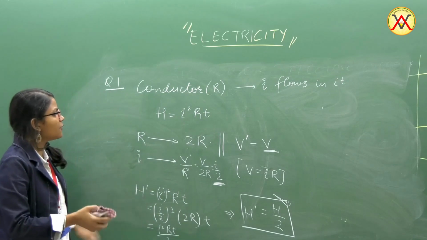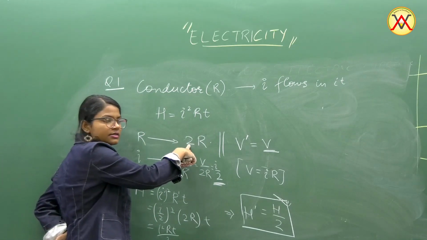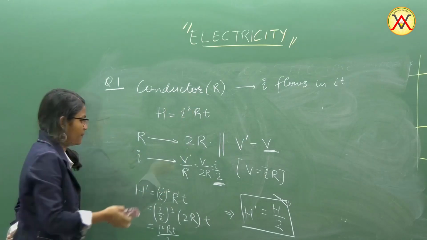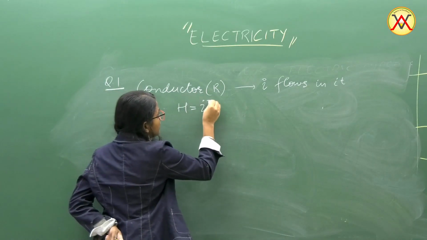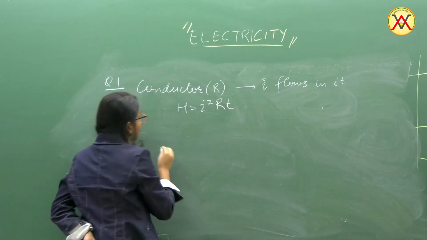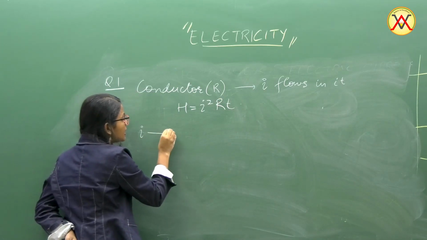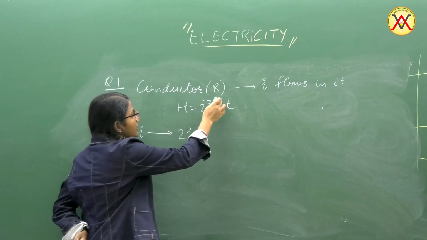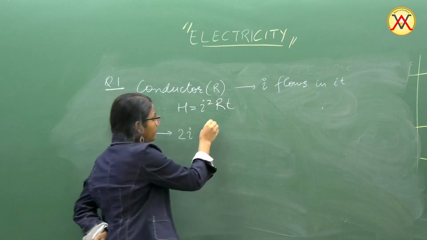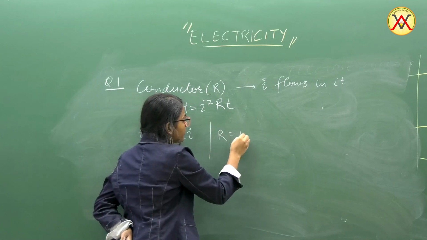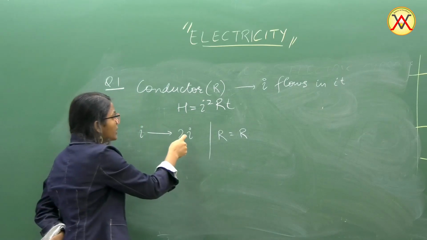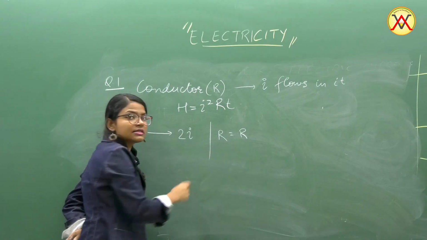Let's come to another set of questions where, instead of resistance, the current through our conductor has been increased. Let's say initially our heat equals this only. Now, current through the resistance has been increased to 2I, but resistance is the same.